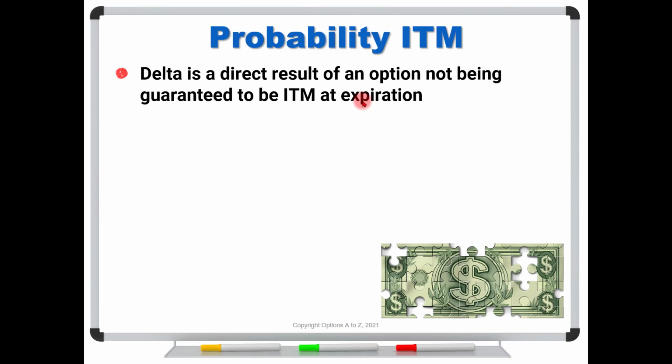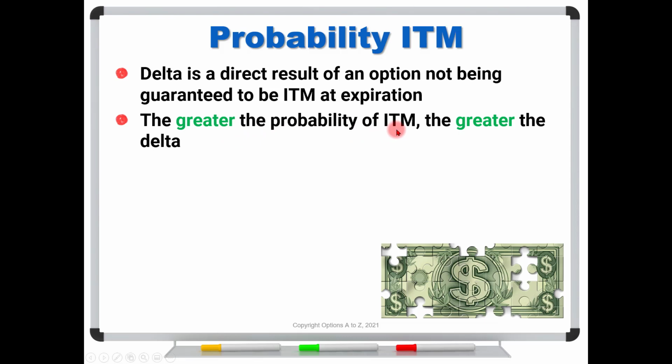Just because your option might be in the money now doesn't mean it's guaranteed to be there. Or just because it might be out of the money now doesn't mean it's guaranteed to be out of the money. And because of that, well, we're not real sure how to value that next dollar change in the stock. But what we do know is that the greater the probability of this option being in the money at expiration, the greater the delta.